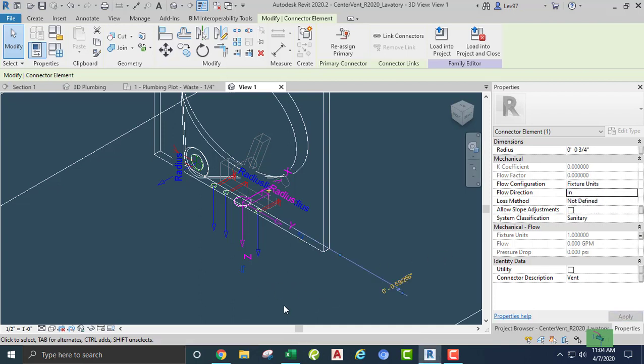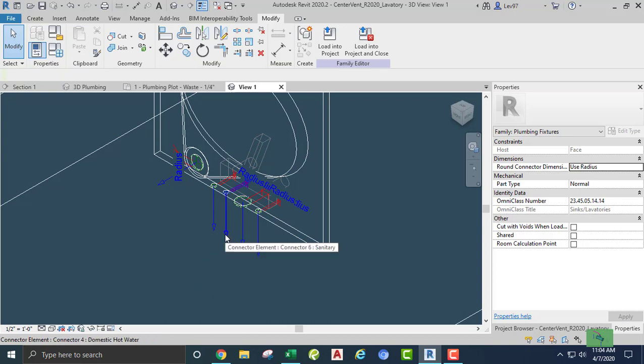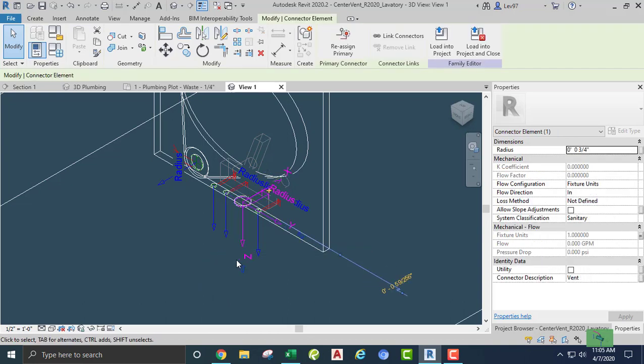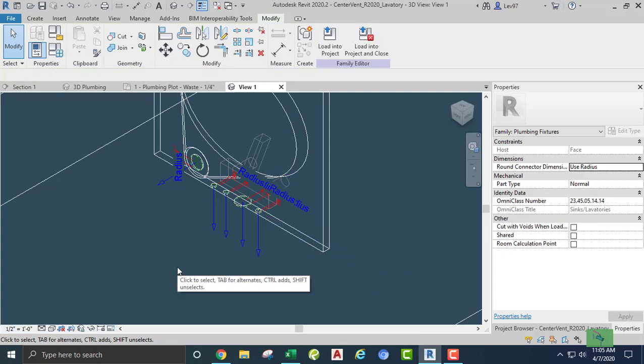And with the flow direction in for gas, the fixture units populate in the pipe. But it just doesn't make sense. The flow direction for a vent should be out.